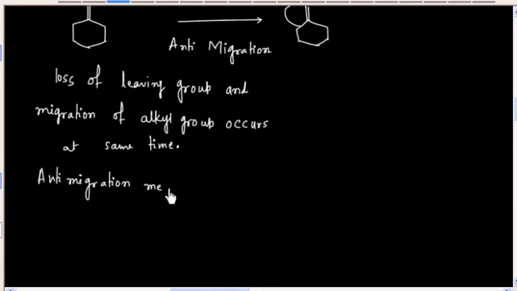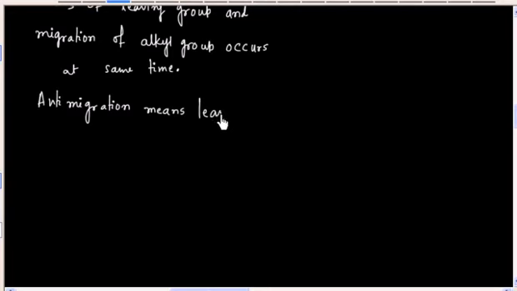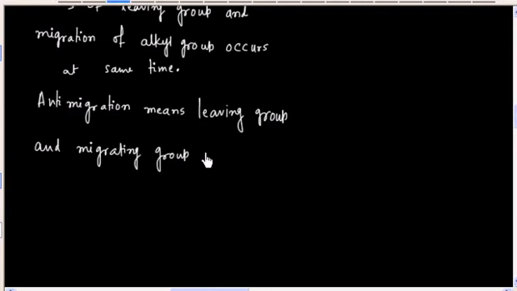Anti-migration means leaving group and migrating group are anti to each other.